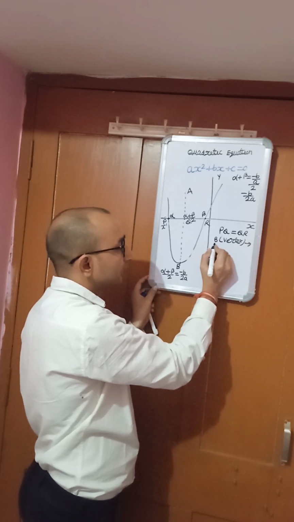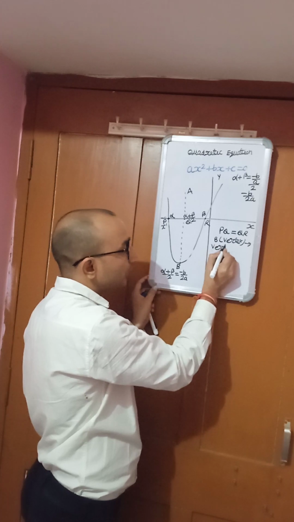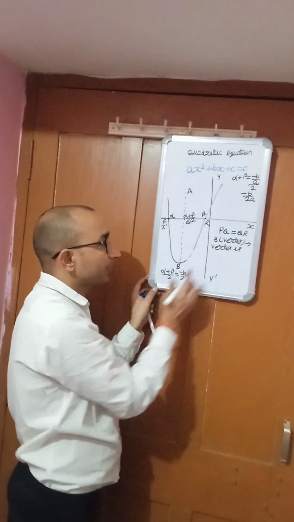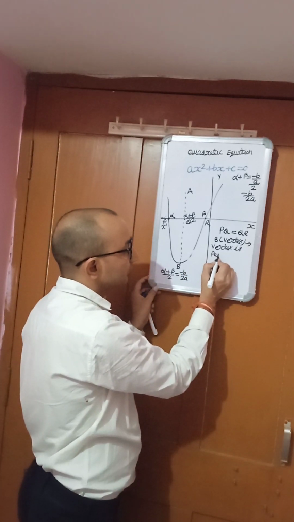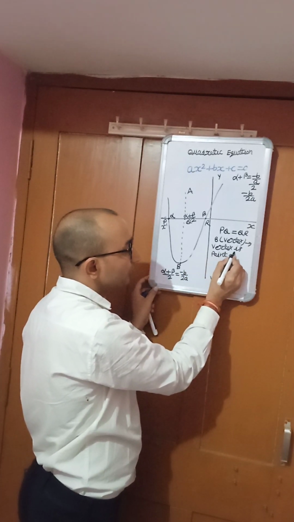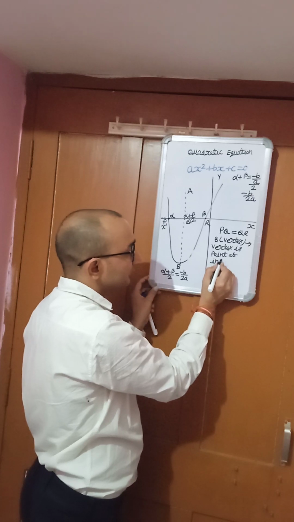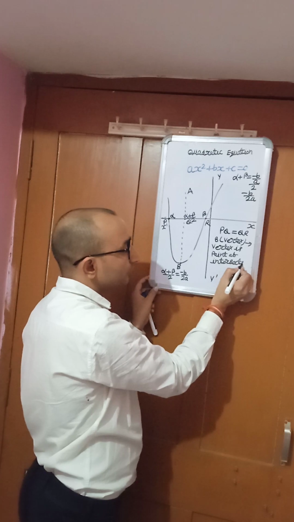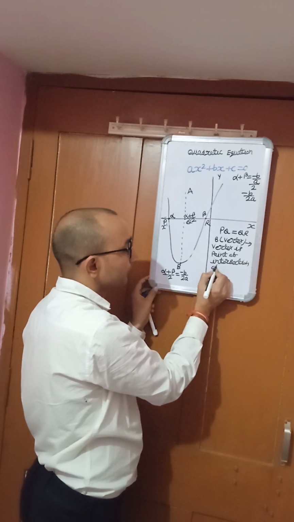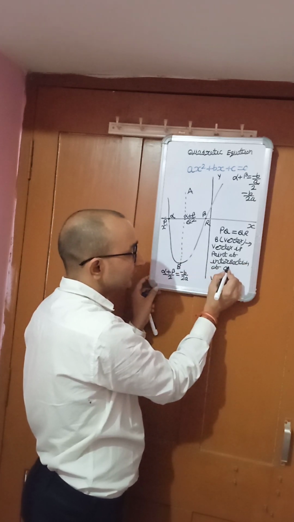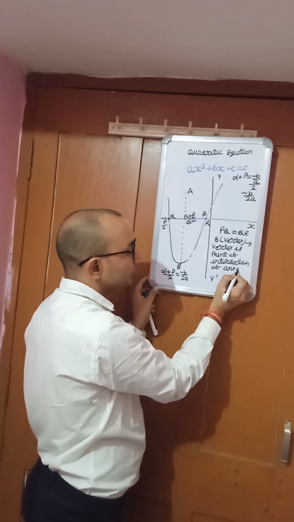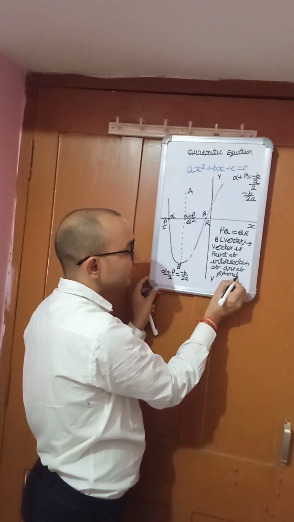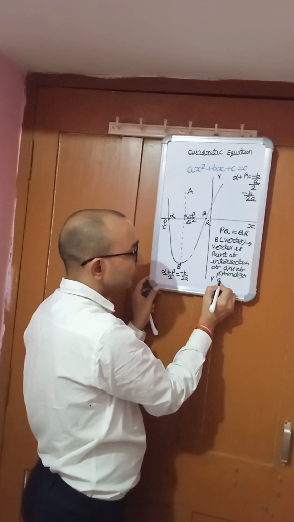Vertex can be defined as the point of intersection of the axis of symmetry and the parabola.